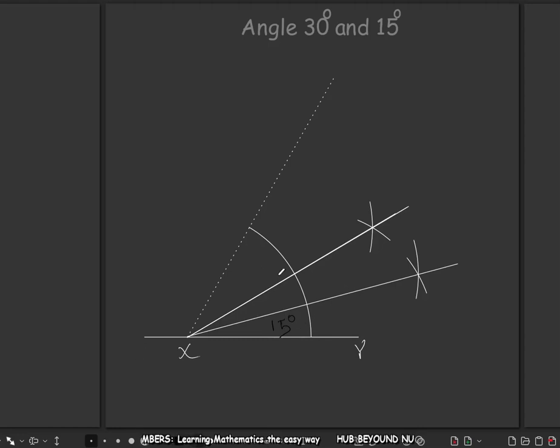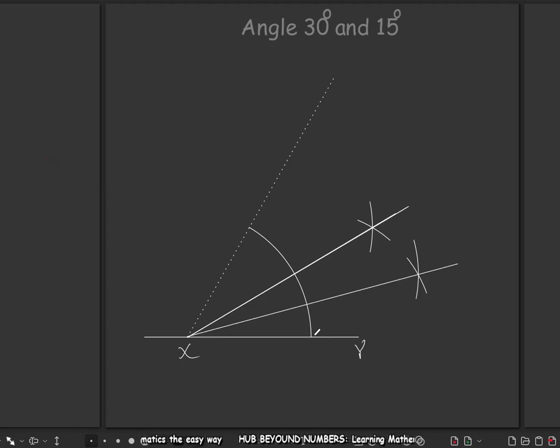But if we measure from the other way around, then we are going to say it is 165. So all the way here is 165 degrees. So with this now, we've been able to construct 4 angles: the 30, the 150, the 15, and then the 165.